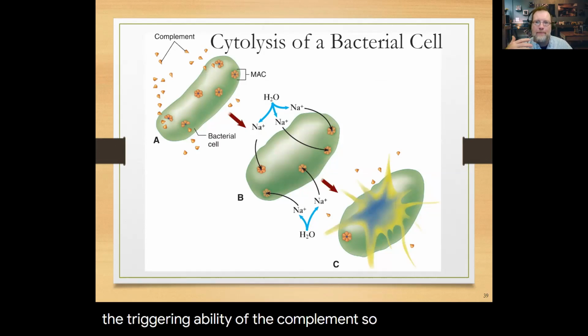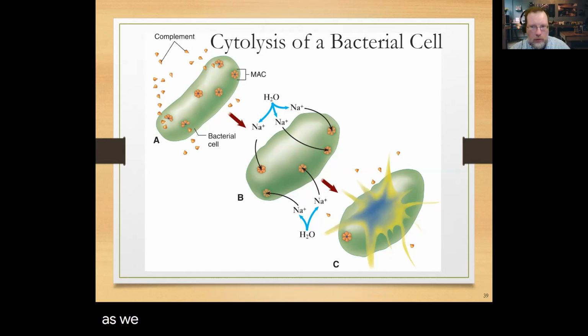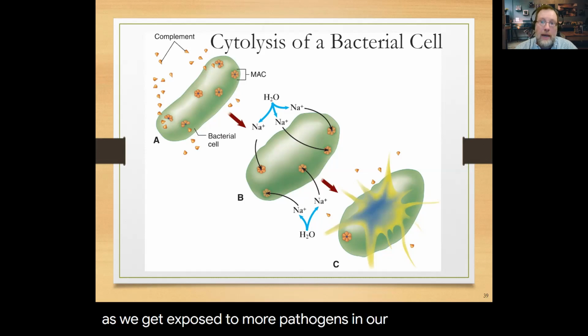So now, can some of these chemicals become more specific to specific bacteria as we get exposed to more pathogens in our lives? Absolutely. So in that way, there's some adaptive aspects as well.